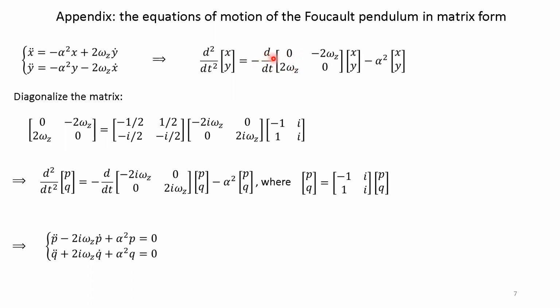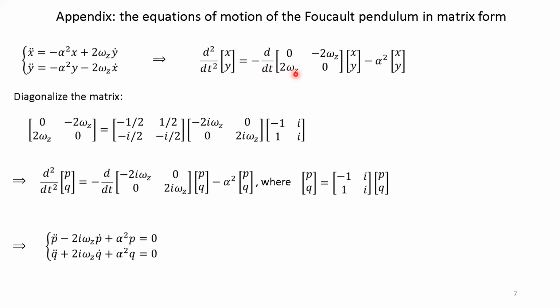However, even that's the case, if you can diagonalize this matrix, then still you should be able to solve this problem, because if you can diagonalize this matrix, then you will be able to decouple these two equations.